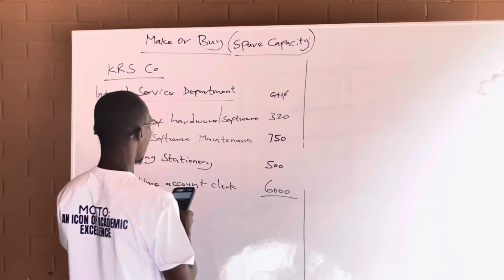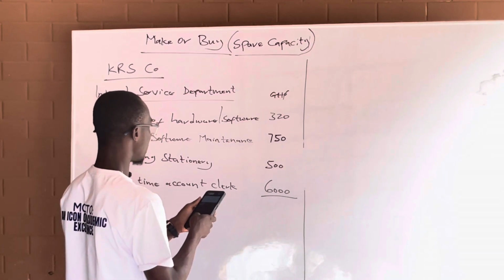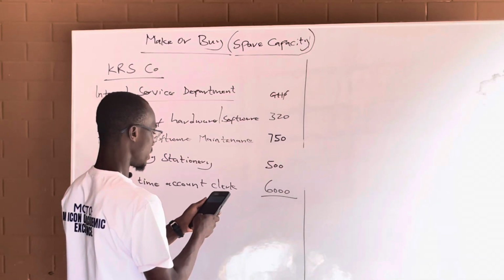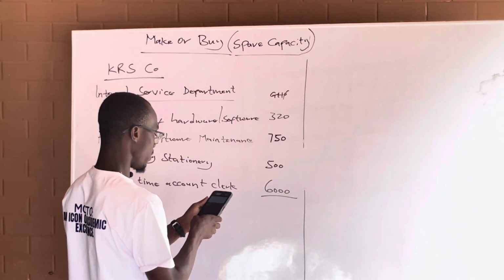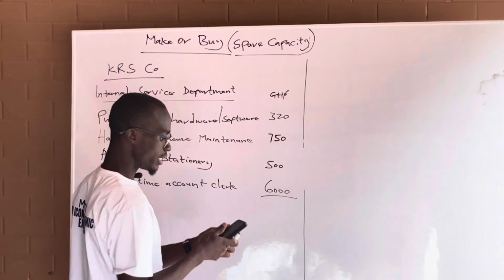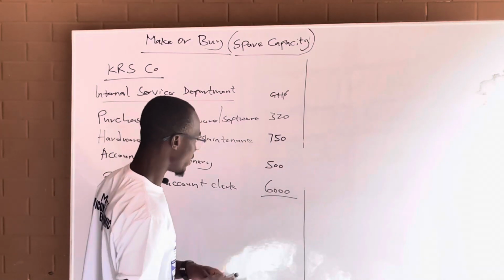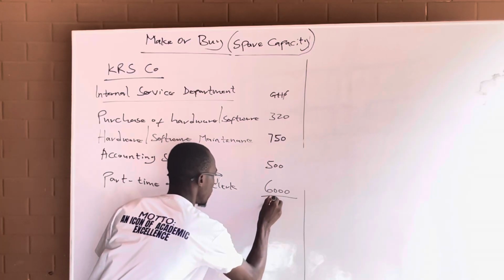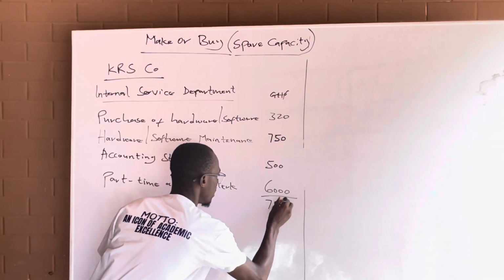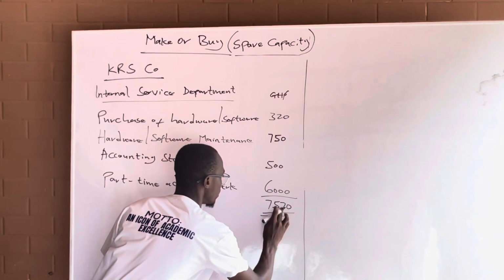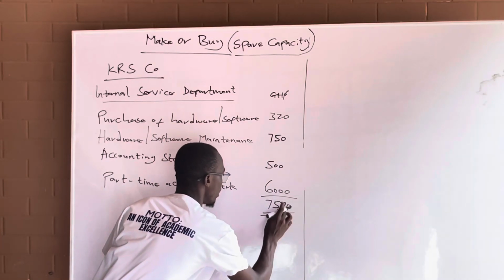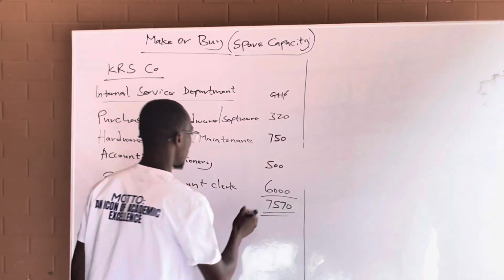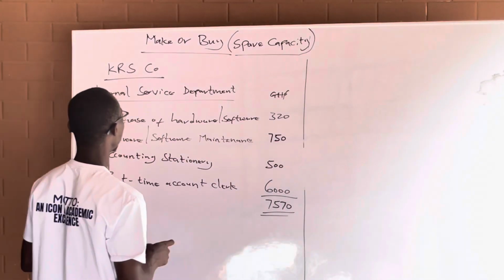So they have 320 plus 750 plus 500 plus 6,000, and we are having 7,570 Ghana cedis. So that's the cost when they are making it in-house.